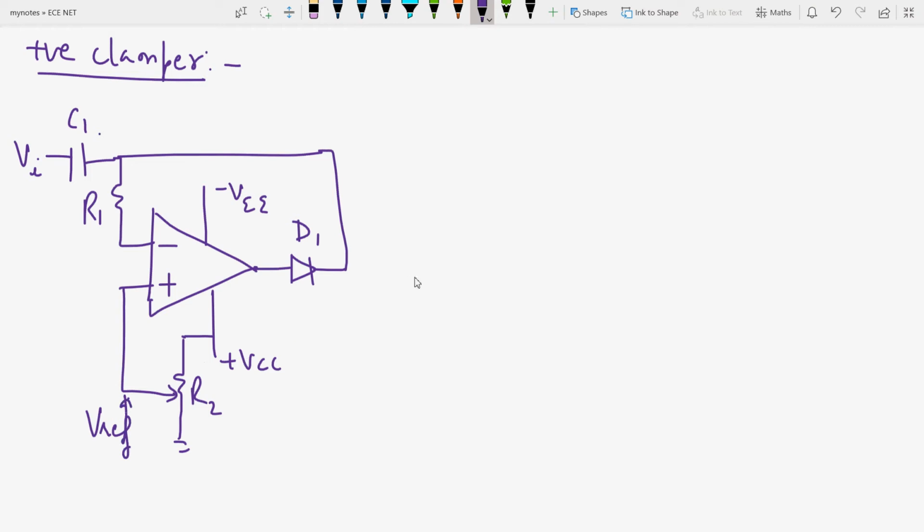Okay, now this positive clamper, what does it do? It produces an output in such a way that the input signal gets shifted vertically upwards by a positive DC value.